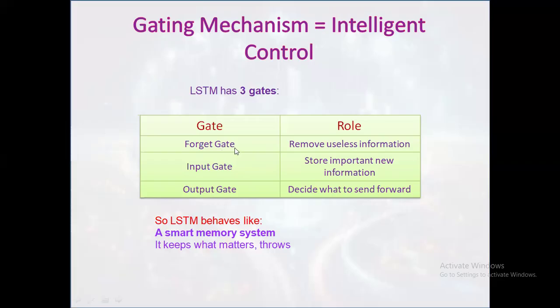Here, the forget gate removes the useless information, the input gate stores important new information, and the output gate decides what to send forward. The structure helps preserve important context and reduces the vanishing gradient issue, making long-term learning possible.